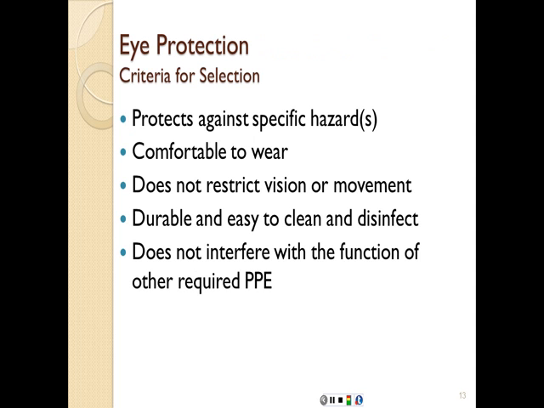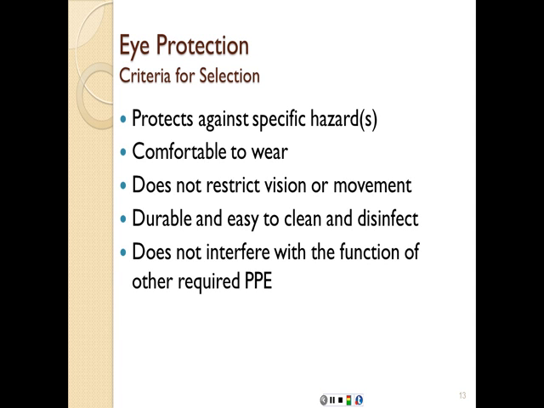The criteria for selection include what hazards it is going to protect against, because again of the specificity of these different PPEs. So: protect against specific hazards; comfortable to wear, because if it's causing some irritation or discomfort, people are going to tend to remove it when working, and that defeats the whole process; does not restrict vision or movement, so it allows for front vision and lateral vision as well; durable and easy to clean and disinfect, that's the job of the employee who's going to maintain that PPE; and does not interfere with the function of other required PPE.